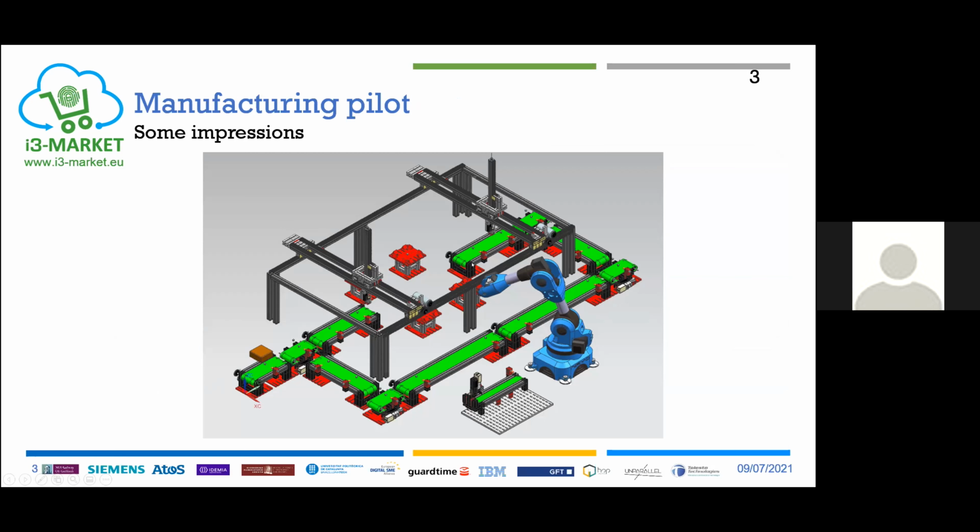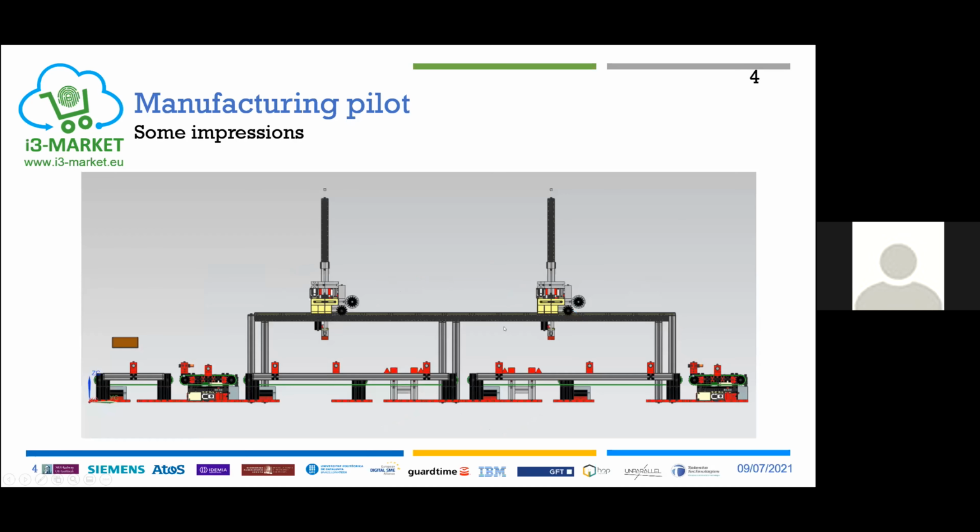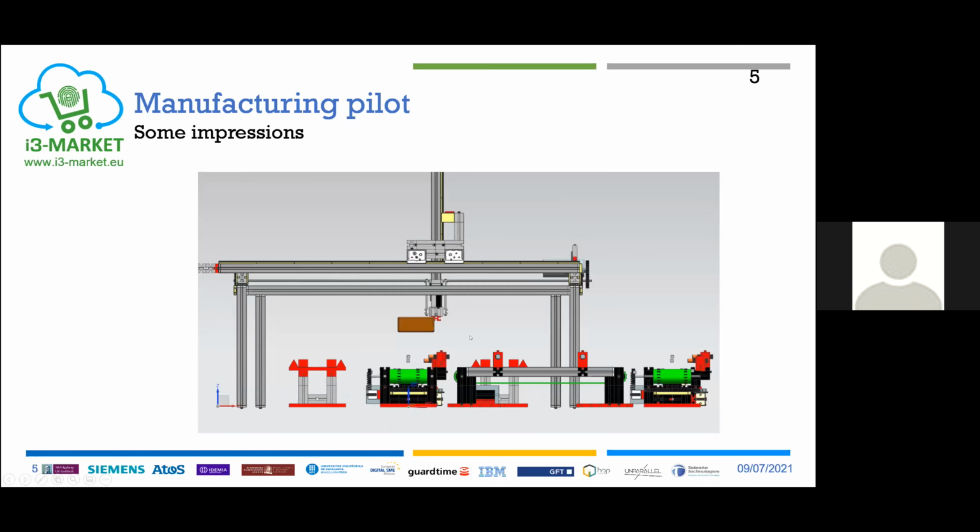It has 4 processing stations. It has a robot and a 5th processing station, which is outside of this normal conveyor belt run. So here is a side view where you can see the portal crane. We have 2 cranes on this portal. And here are the conveyor belts, the processing stations, viewed from the other side.